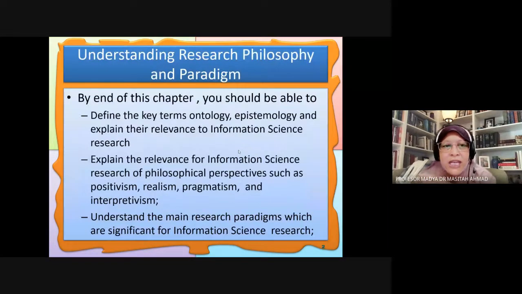We hope that by the end of this chapter we will understand research philosophy and paradigms, and you should be able to define the key terms of ontology and epistemology, and explain their relevance to information science research. Most of you are master's and PhD students, and for sure your field is information science research.